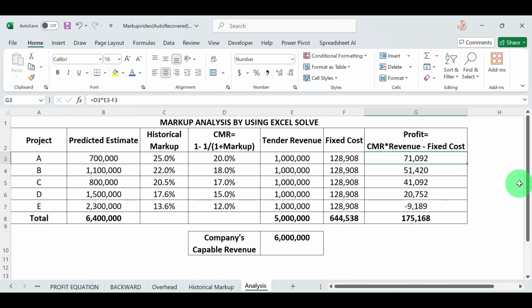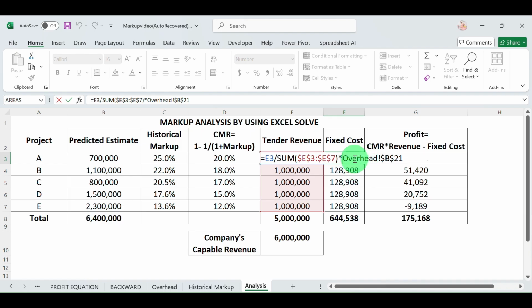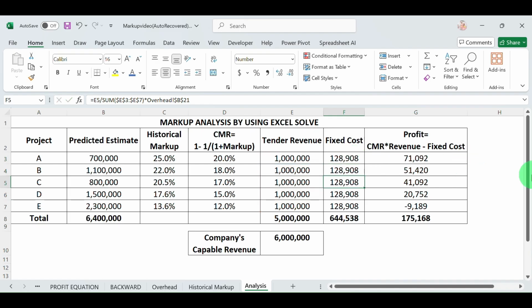And here I will click here for you: CMOR here times revenue here minus fixed cost here, F3. Okay, and the fixed cost I'm using here is the equal allocation from our total annual fixed cost of the company.